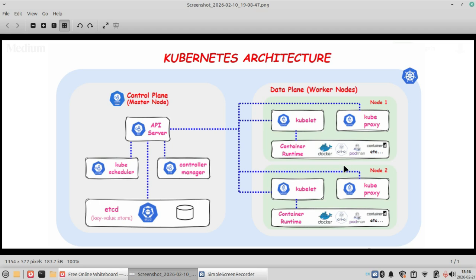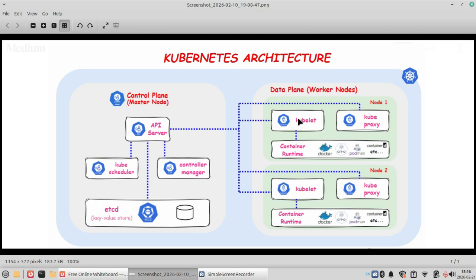So in a typical worker node, you are going to see a small agent called kubelet. You are also going to see kube proxy, and you're also going to see container runtime.